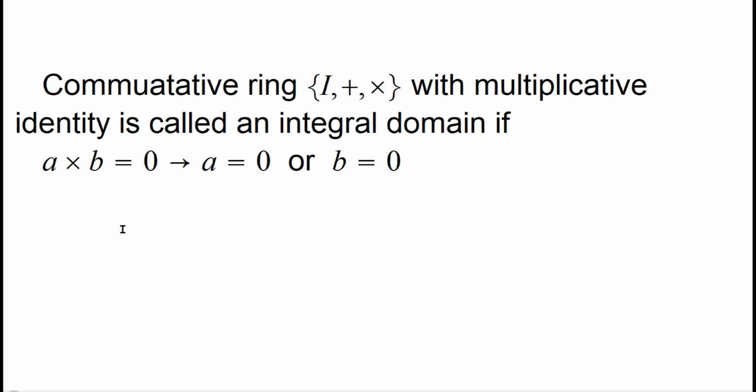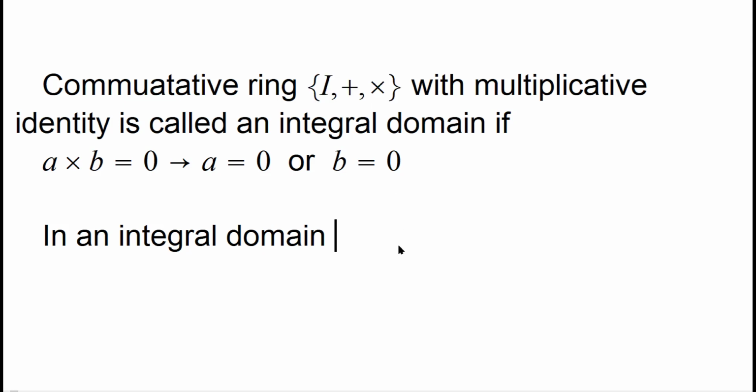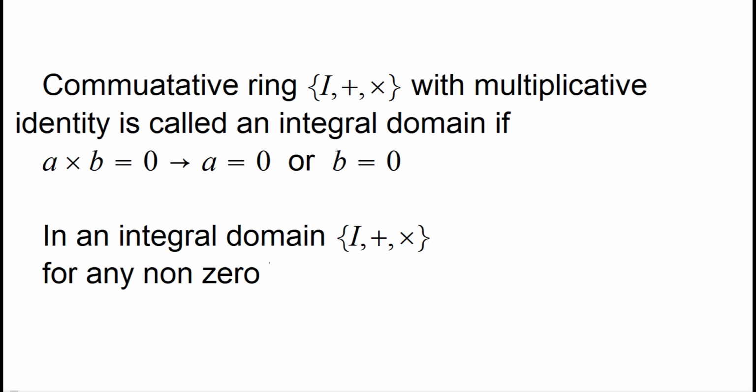But still in an integral domain, even though we do not have the multiplicative inverse for any non-zero a, a cross b equals a cross c, or a multiplied by b equals a multiplied by c, always implies that b is c.